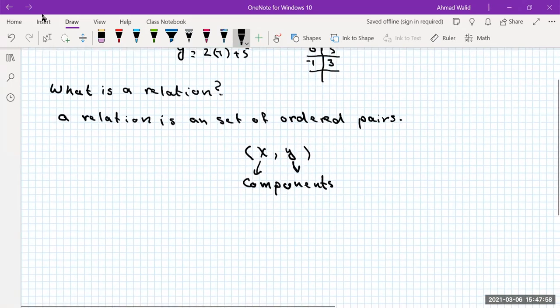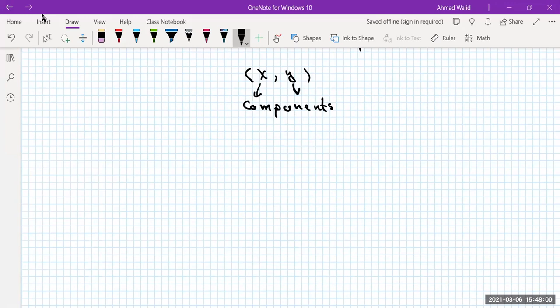Now again, x, y. The first component in this set, in school, maybe your teachers mentioned, we name it input. Or here, the first component, which is the value of x, we call it domain.